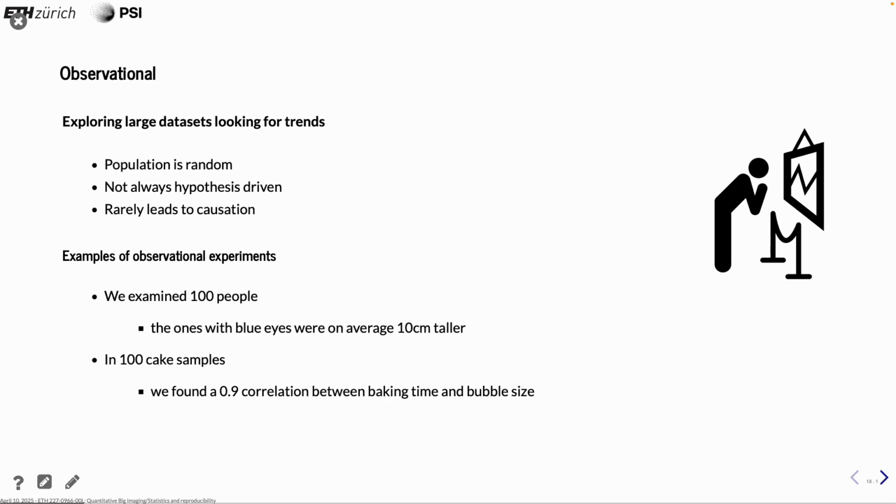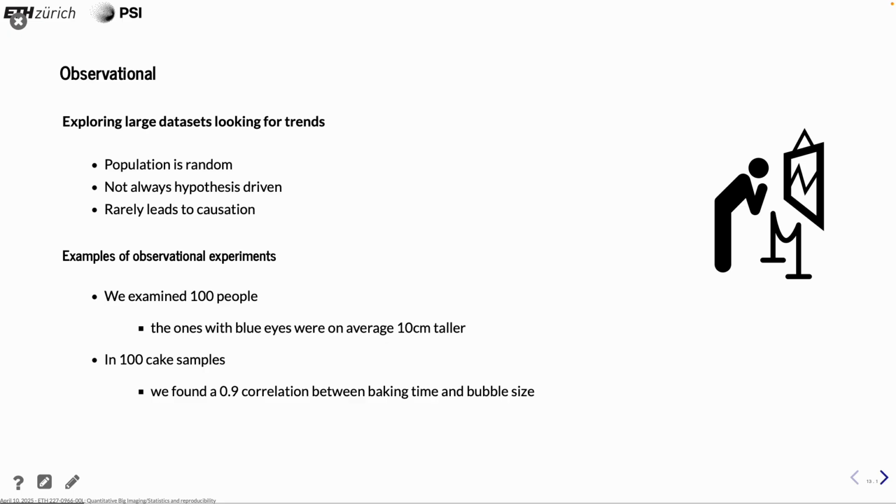So we can look at large data sets, looking for trends. The population hopefully is random, but not for sure. It's not always a hypothesis-driven investigation. And it's hard to really see a causation in this data because it's just random what you get.